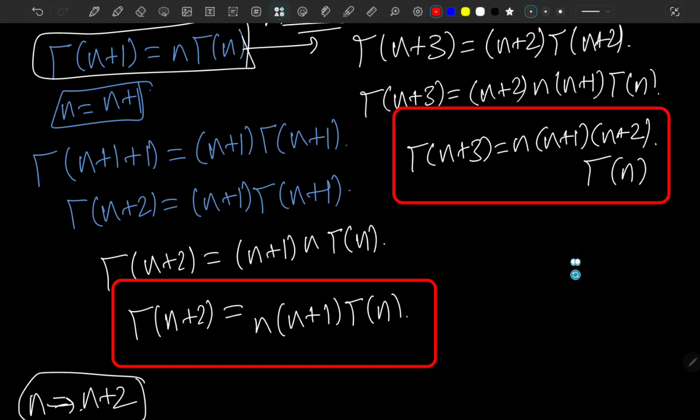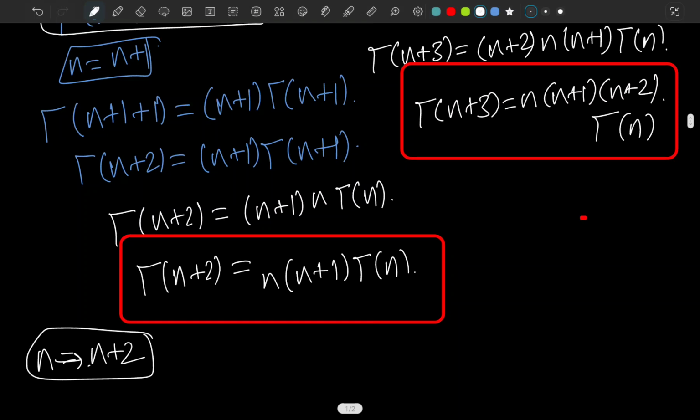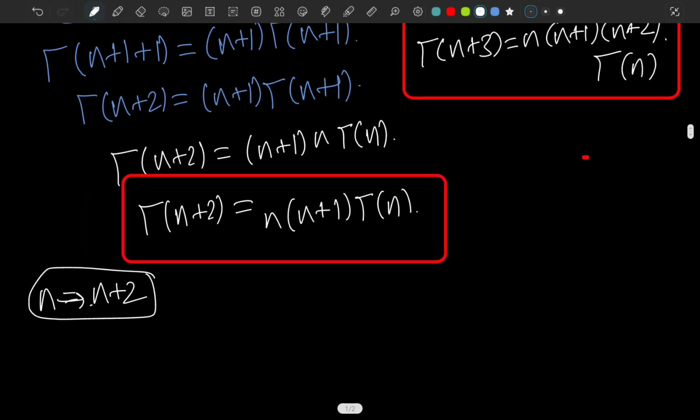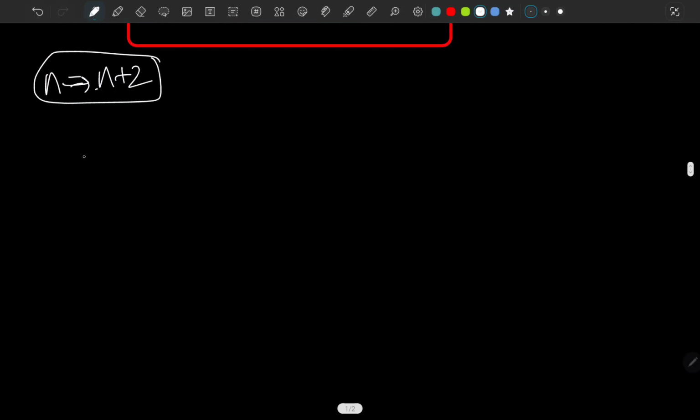Do you feel any kind of connection between these things? Let's talk about a generalized form, that is gamma of n plus z.